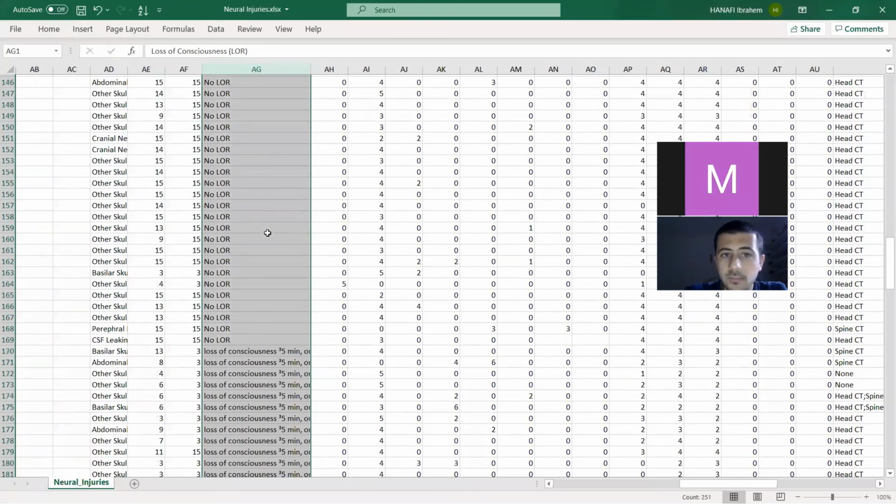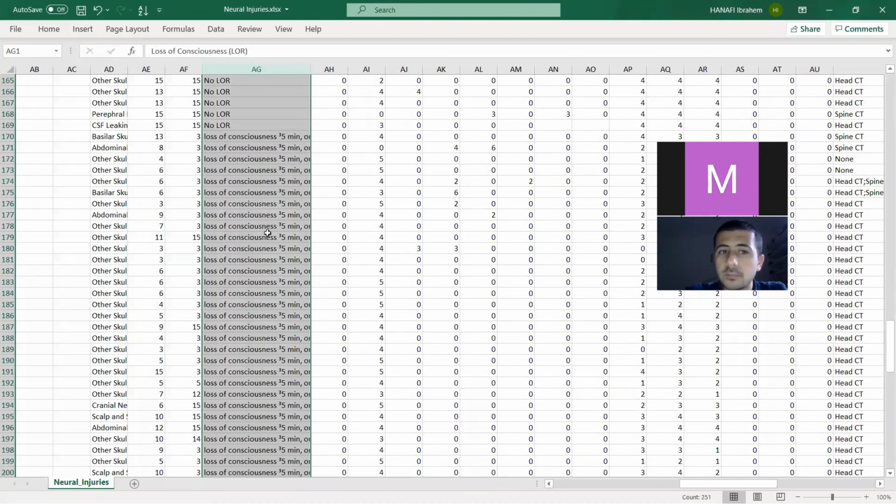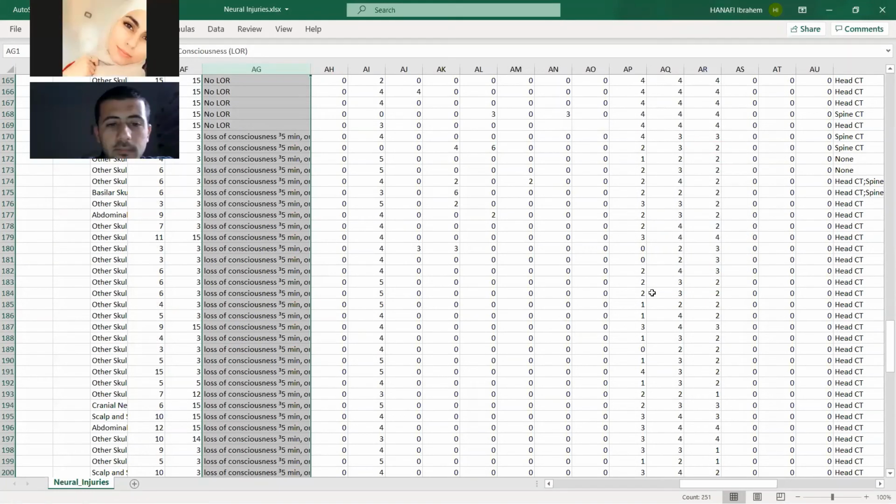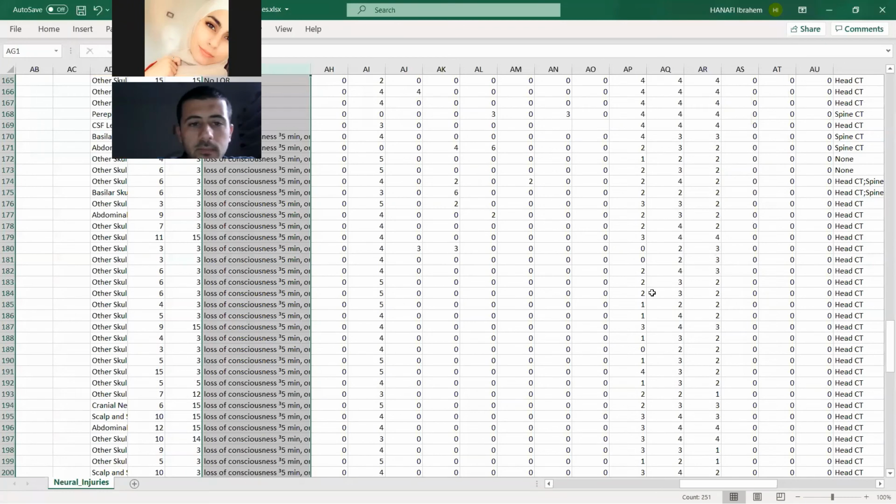Can I ask a question? Yeah, of course. If I didn't manage to get contact with the patient, or the collector didn't remember the data of the patient, it stays like a missing value?